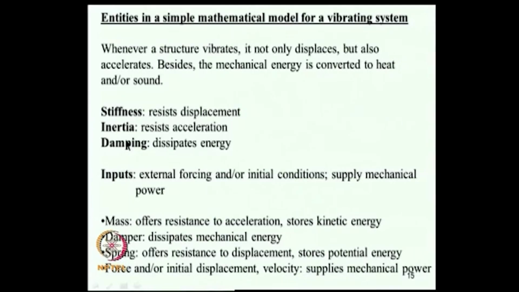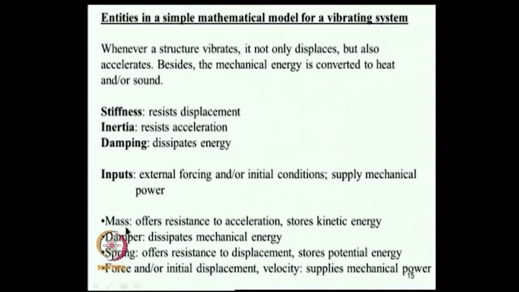The inertial properties resist the acceleration. The damping characteristics dissipate the energy. Now, the external inputs, that is the forcing function or initial conditions, supply the mechanical power to the system, that is work done per unit time.